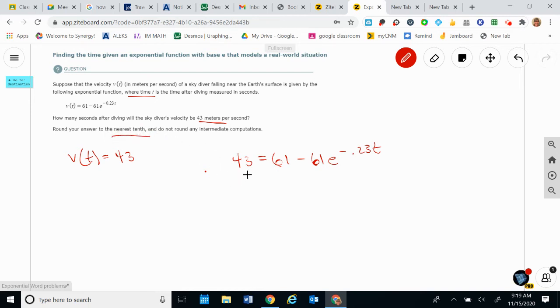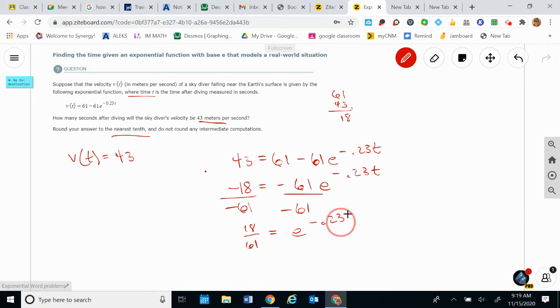So we subtract 61, and you're going to get negative 18. All right, divide by negative 61. And then we get positive 18 over 61 is equal to this. And we're like, oh, we got to get rid of the e.